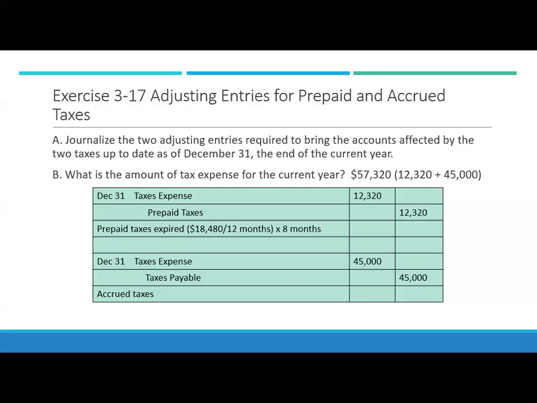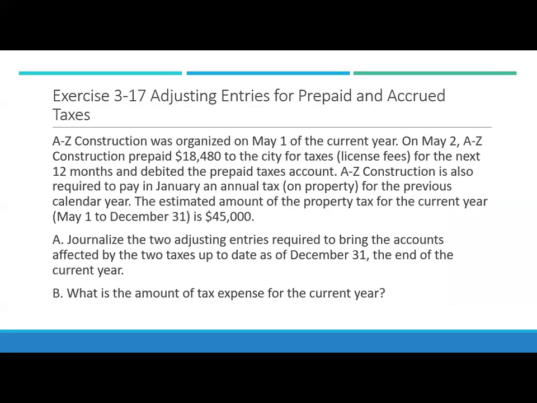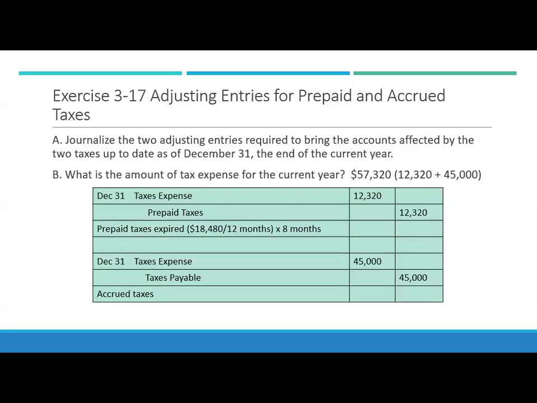And then we also have to accrue for the property tax expense, because the property tax is for the current year, but it's going to be paid in January. So we record tax expense and tax payable of $45,000. And this is also done with estimating income taxes.